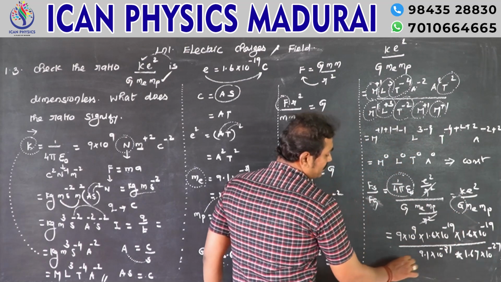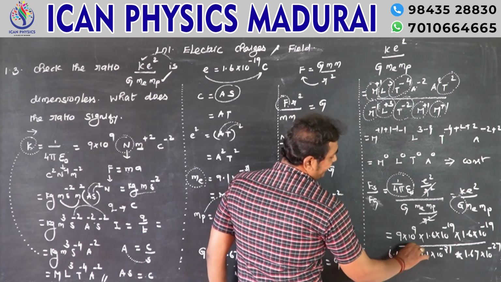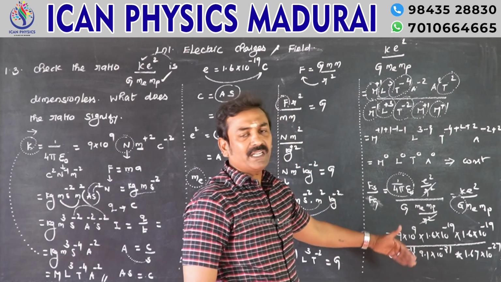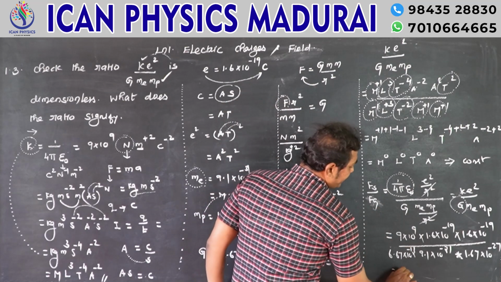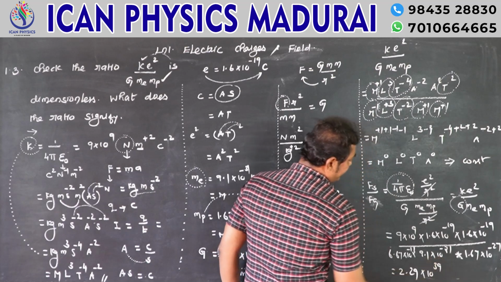Next, gravitational constant, that is 6.67 into 10 to the power minus 11. So when we multiply and divide, finally you can have 2.29 into 10 to the power 39.